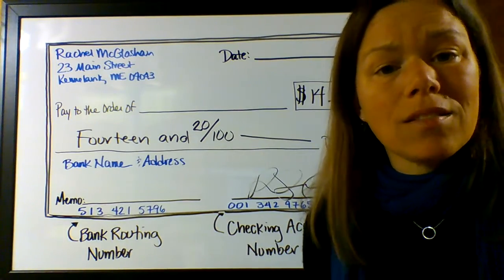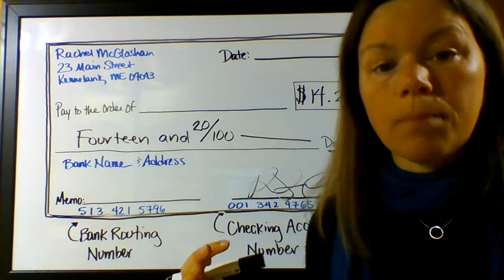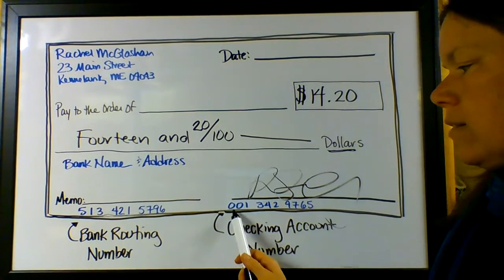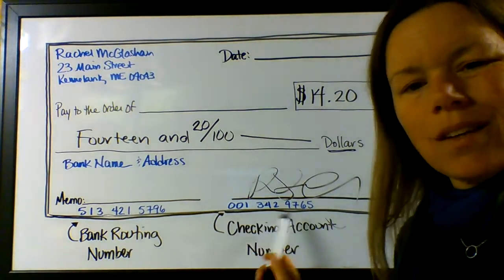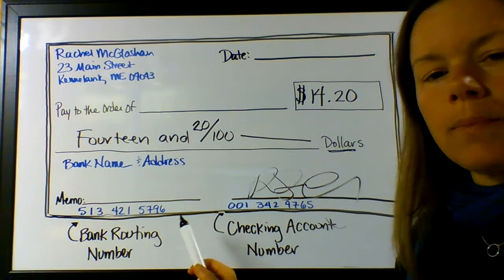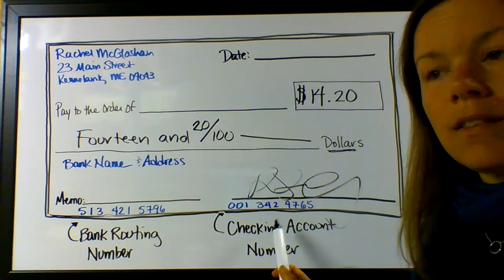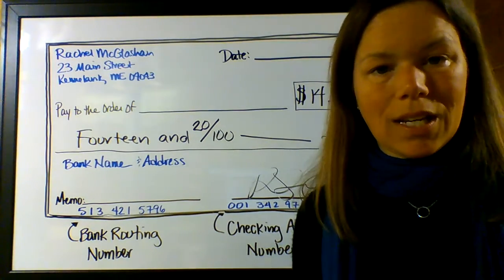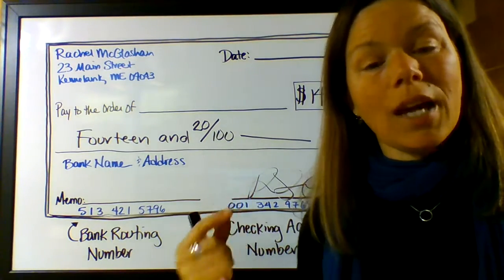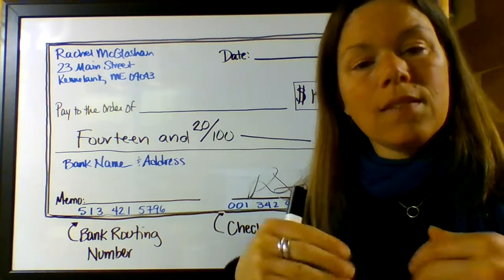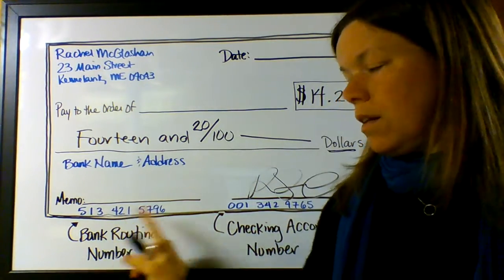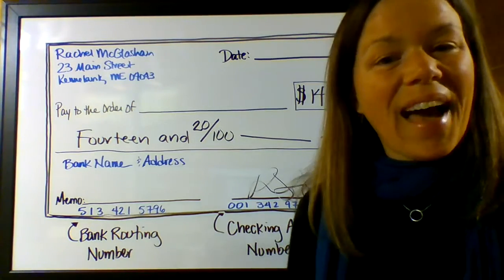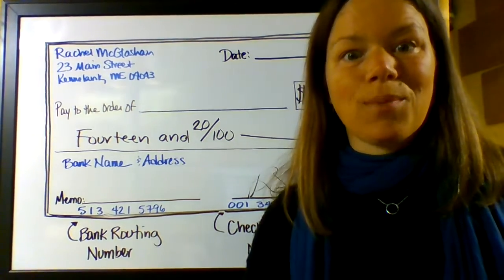So it's like the bank's world banking account number. And then the checking account number is on the right. So it's not quite over this far on mine, but it's on the right, and this is the account number that goes specifically to the account holder's checking account. So if this were really one of my checks, then that number says, in this particular bank, this is my checking account number. Okay? So have fun writing checks, write some crazy ones.